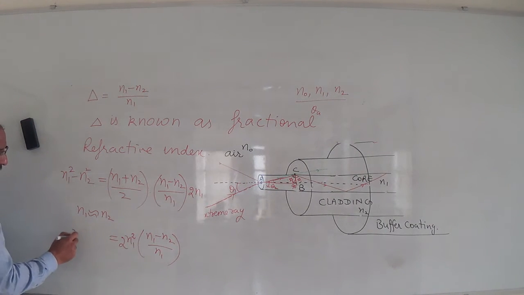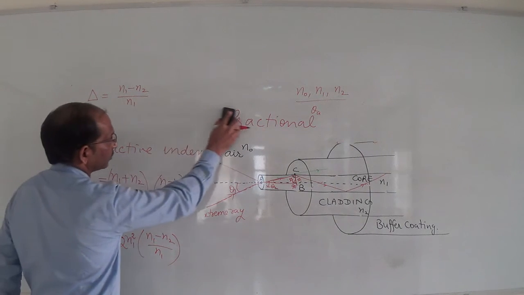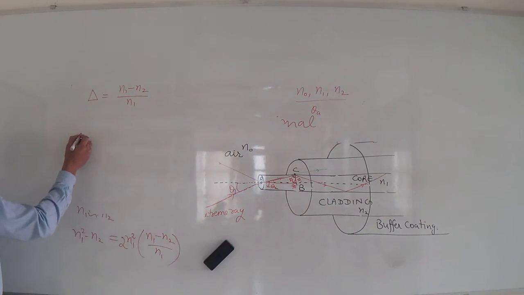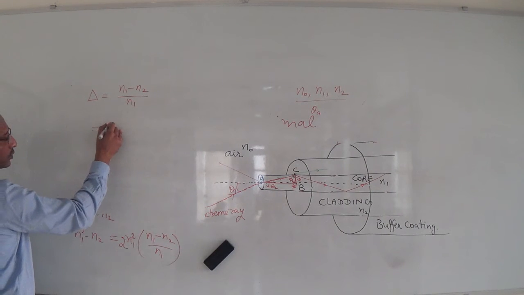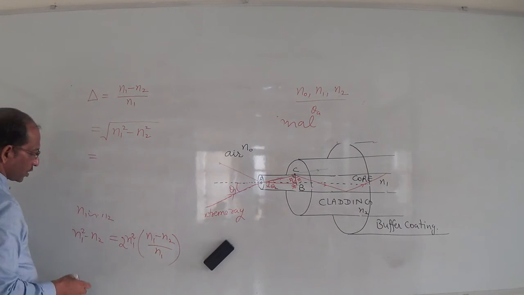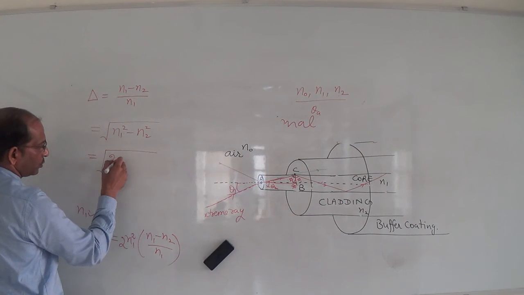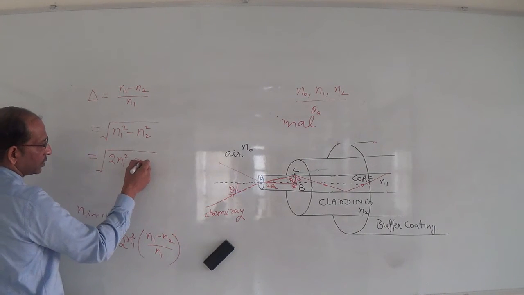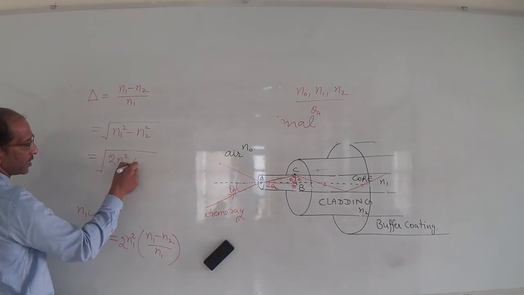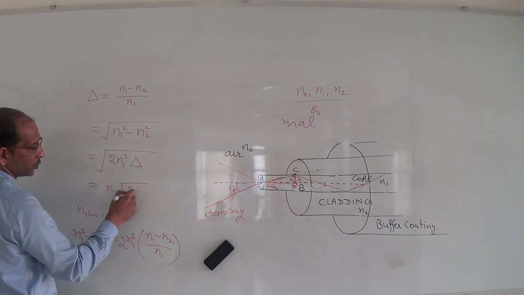So this is n1 square minus n2 square. Now I am putting this value into the formula. The square root of n1 square minus n2 square is equal to 2n1 square, and this n1 minus n2 upon n1 is delta. So the result will be n1 square root 2 delta.